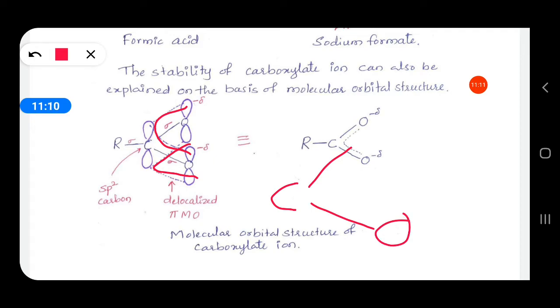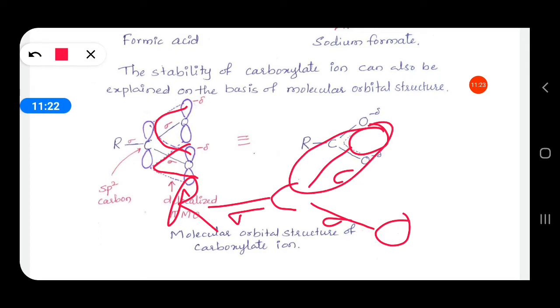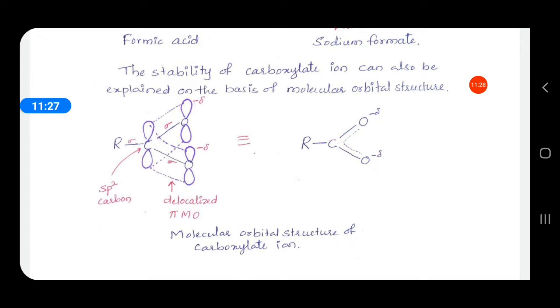This is the sigma bond. So these are the 3 sigma bonds which are present here. Next, the electron cloud is present above and below like this, so it can be represented by this dotted line. Both the oxygens have a slight negative charge, and there is a partial double bond between both of the oxygens. So this is called the molecular orbital structure of carboxylate ion.